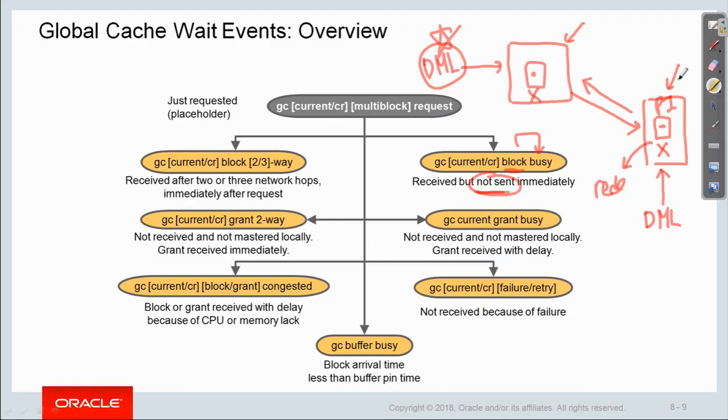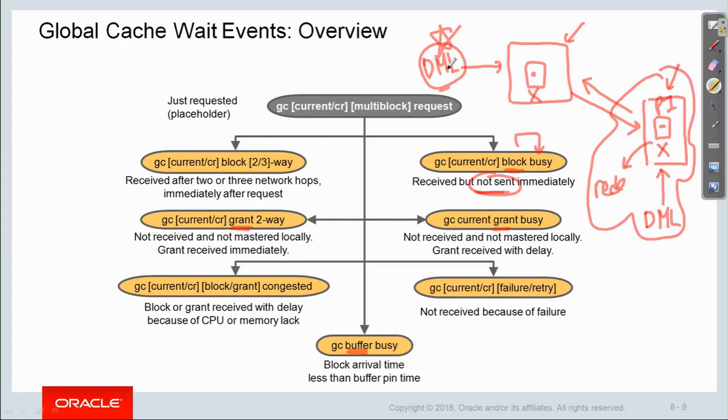And another thing is global cache current grant busy. That's very similar. So we know actually what the meaning of a grant is. So the granting message was delayed. And also we have global cache buffer busy, meaning that in this example, in order to complete an internal operation, this session waited.